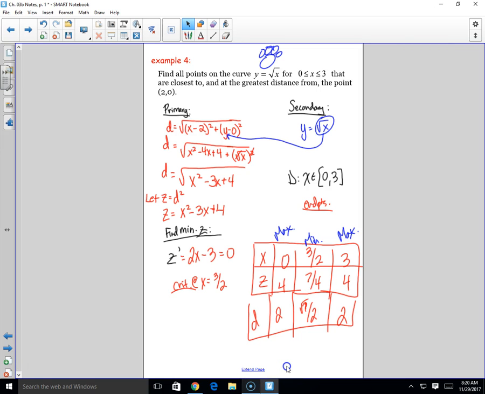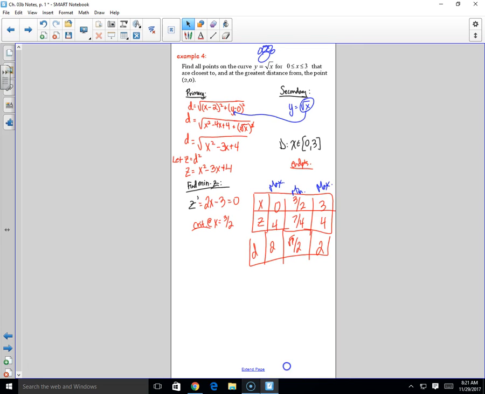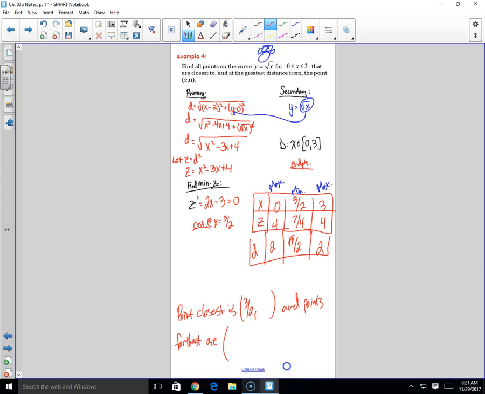So therefore we could say the point closest is 3/2, but wait, a point, isn't that an x and a y? And the points farthest, because there's 2 of them, are 0 and 3.